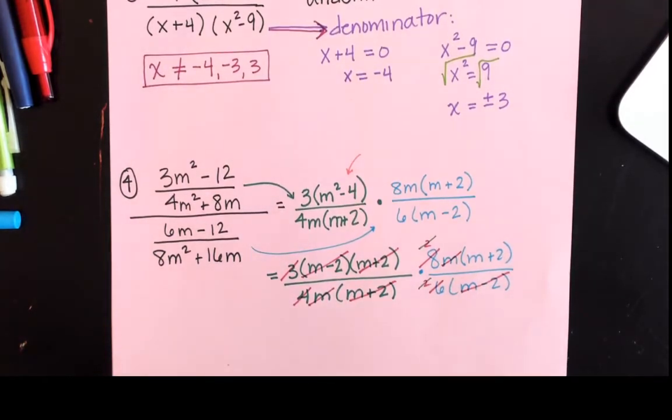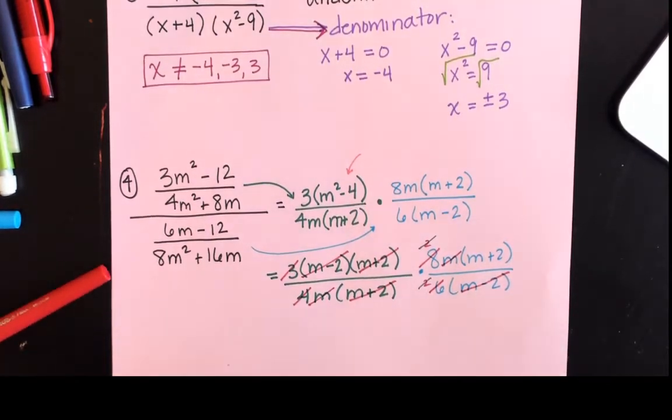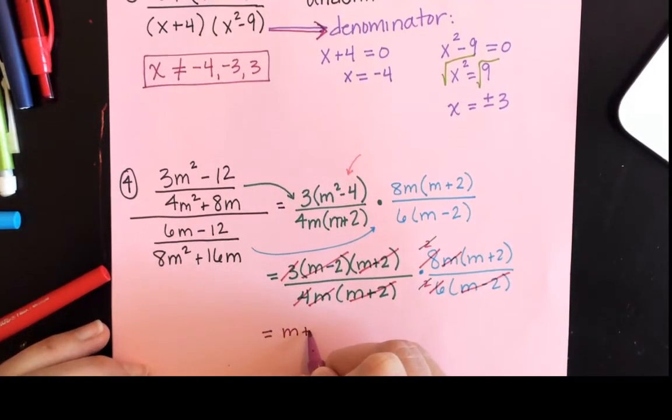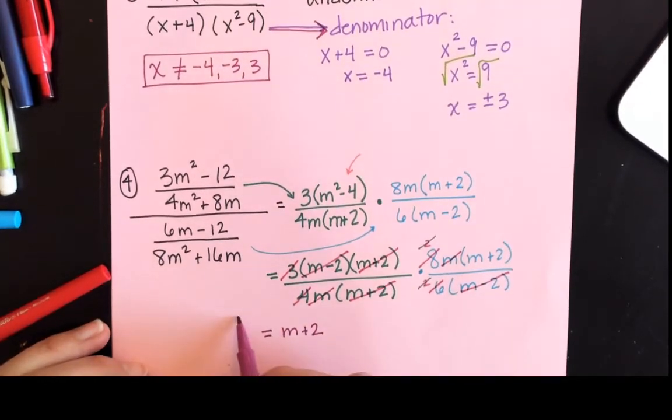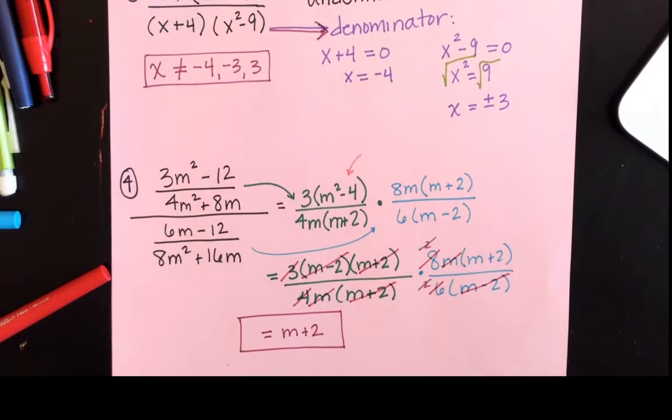So interestingly enough, after everything is said and done, we have a very small reduced fraction here, and it ends up being simply m plus 2. So a lot to start with, very little when all is said and done.